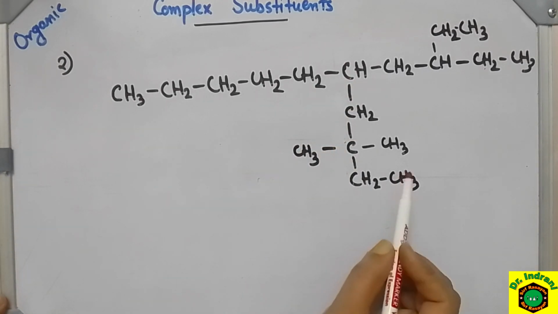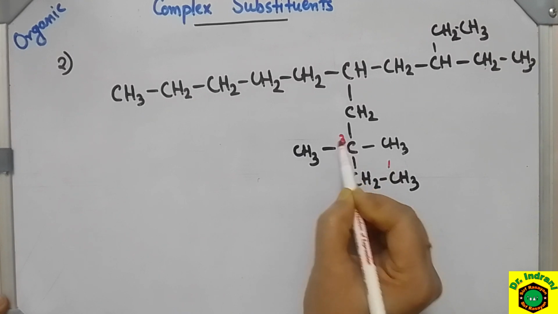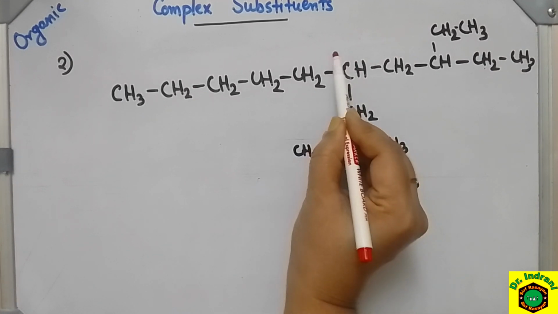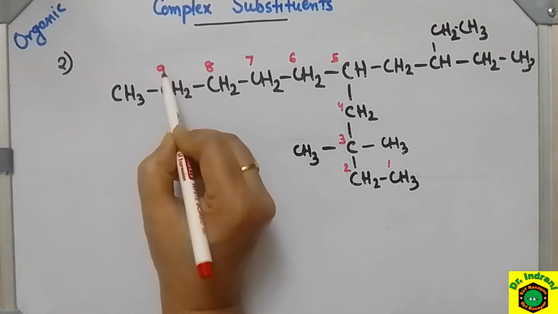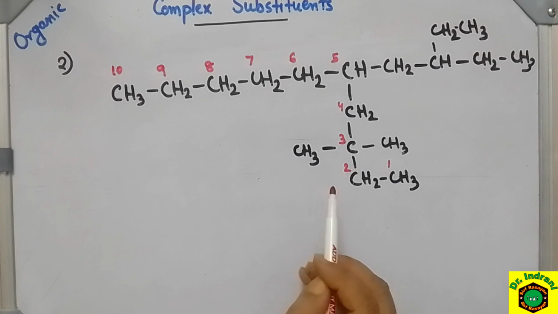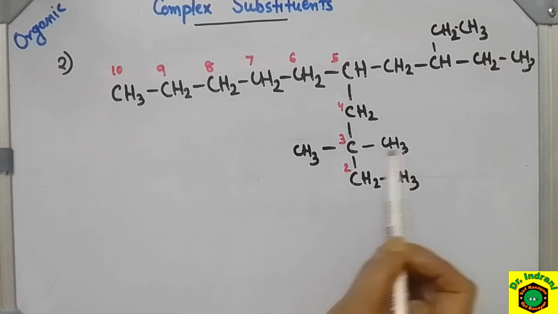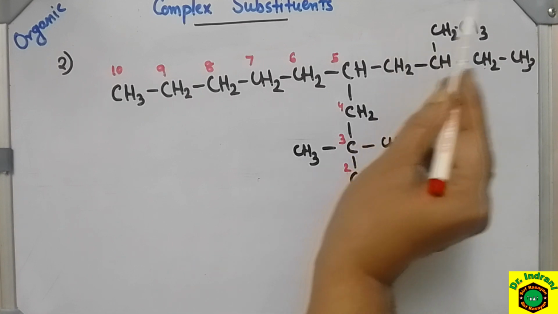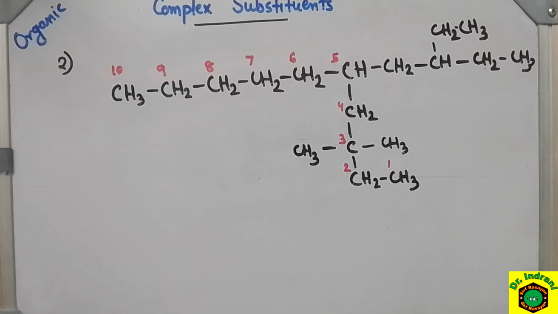I am now doing numbering here: 1, 2, 3, 4, 5, 6, 7, 8, 9, 10. So here you can see these substituents, these are two methyl substituents. Here in this substituent branching is there. So here how to do numbering for the substituent?